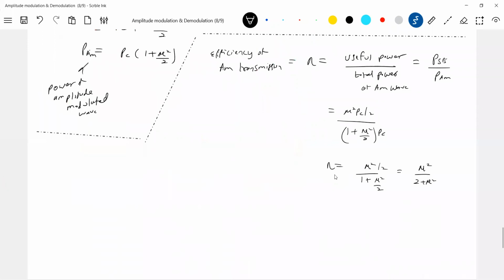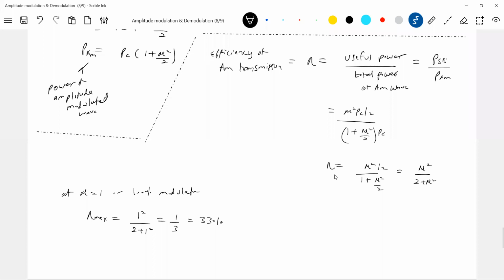At mu equal to 1, or 100% modulation, the efficiency is maximum. So how much is it? 1 square by 2 plus 1 square, that is 1 by 3. In terms of efficiency, we put it as 33%.